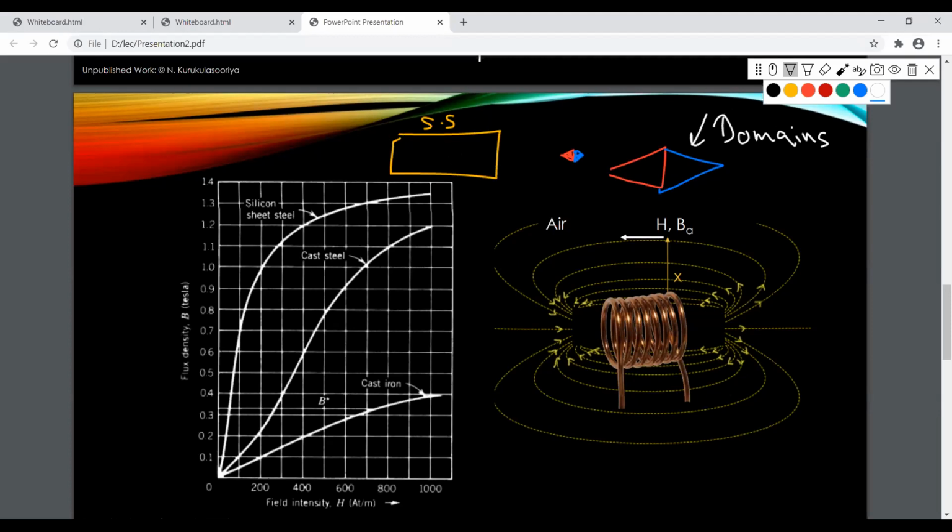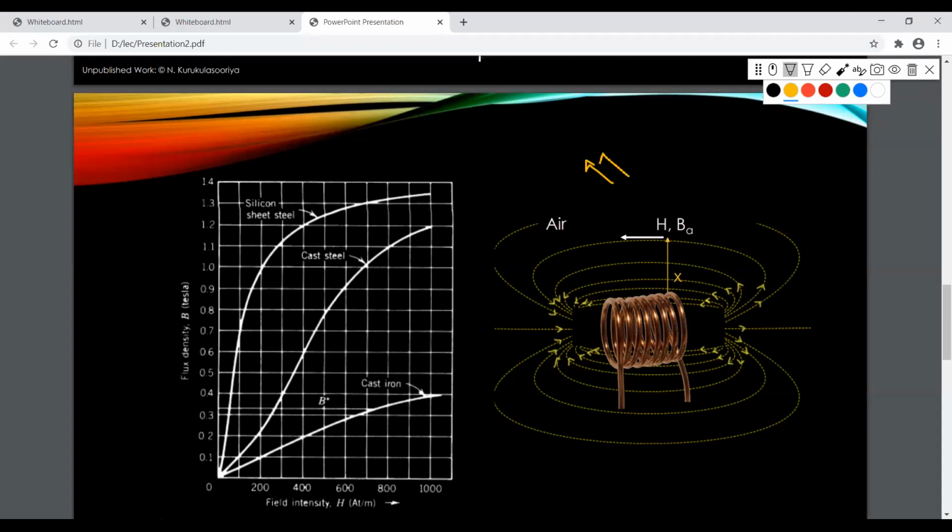Now, to denote the magnetic flux of this domain, I'm going to use simply an arrow. So for this particular domain, it's in this direction. From here onwards, I am only considering this field direction. Now in some materials, these domains are arranged in the same direction.